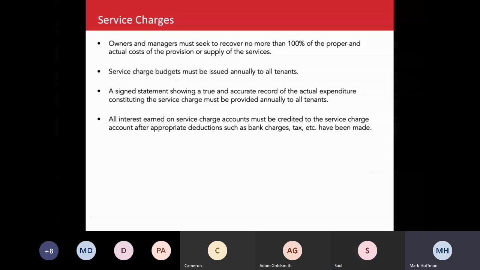How is it recommended that service charges be calculated? Based on what? Floor area. How did it used to be calculated?